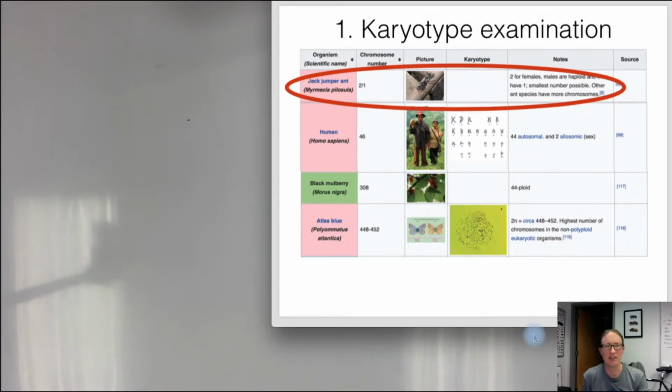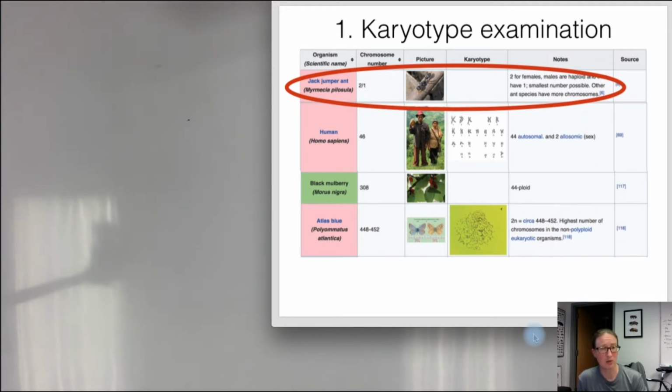Just to give you an example of what I'm talking about with karyotype examination, earlier when I was talking about chromosomes in eukaryotic organisms, I mentioned the example of this ant species, the jackjumper ant. I mentioned that females have 2 chromosomes, and their 2 chromosomes are the same size, and then males only have 1.